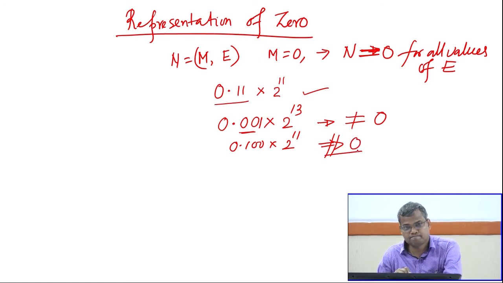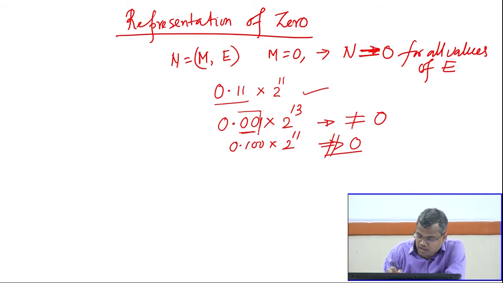What is my point here? While doing the operation, I have only 2 bits for the mantissa, so you can see only that the result is 00, but if you normalize it, it is actually not 0.